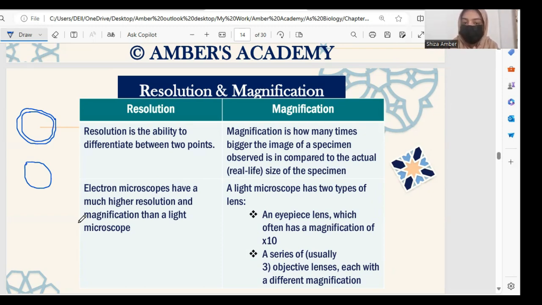So the distinguishing factor between two points is known as resolution, while magnification is the factor which enlarges the actual object, and we are able to see it with image size, right? So magnification is an enlarging property, while resolution is a differentiating factor between two points.